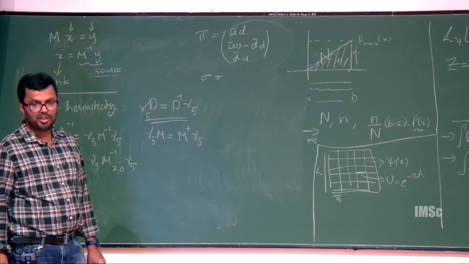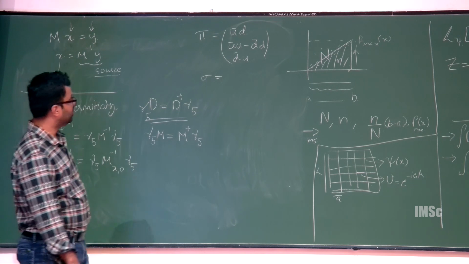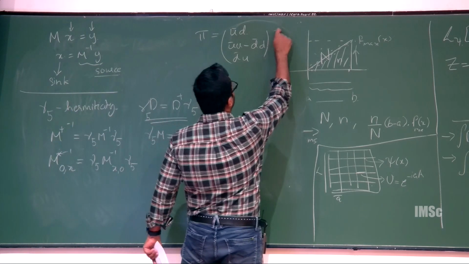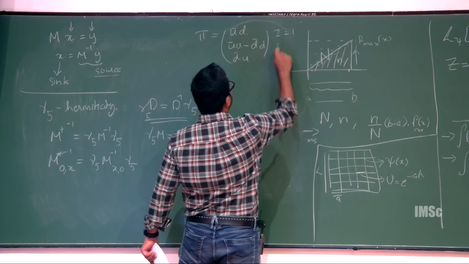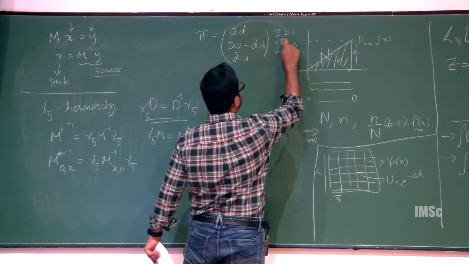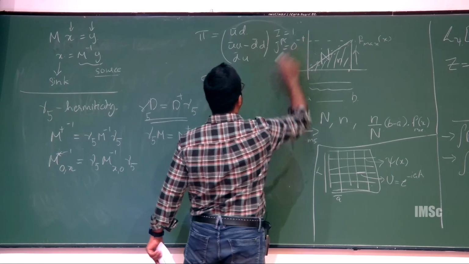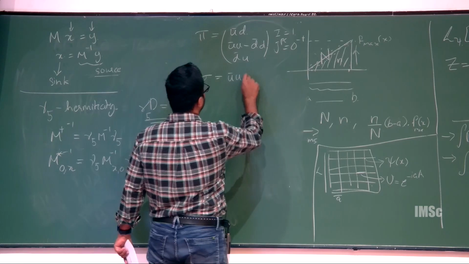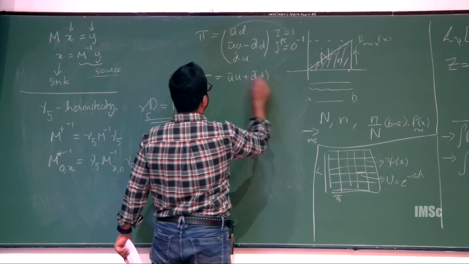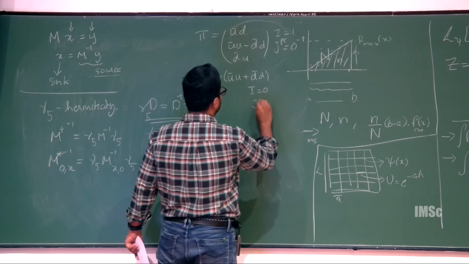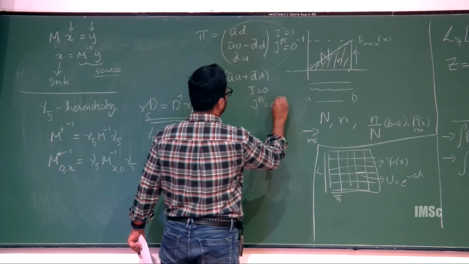We don't really know about the pole position of the sigma meson, but let's assume that sigma is still a meson. So the pion is isospin 1 and spin parity is 0 minus plus, all right. This one is basically u bar u plus d bar d, isospin is 0 and JPC is 0 plus plus.